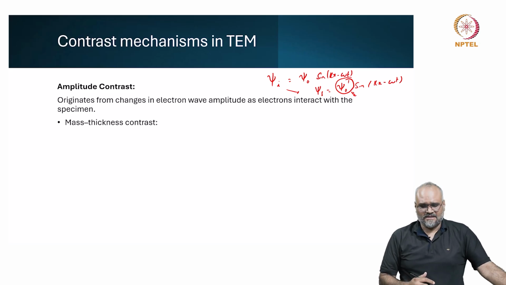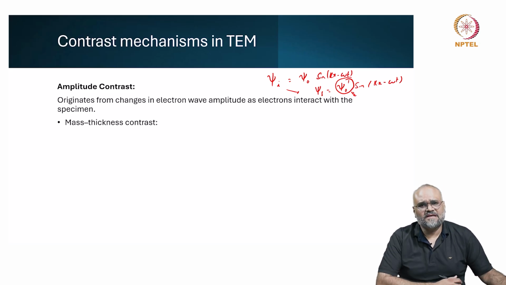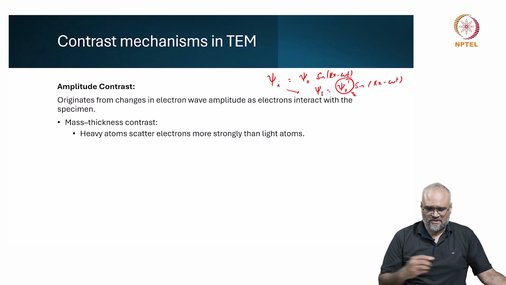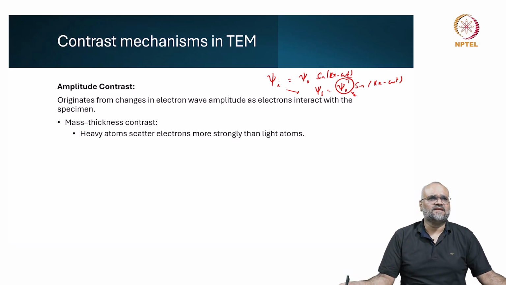So broadly, this can be viewed as something called mass thickness contrast. In principle, as a function of the atomic number variation or a change in the thickness of the specimen, the intensity of the forward scattered electrons in a transmission electron microscope is going to vary. So what does this mass thickness contrast tell you?